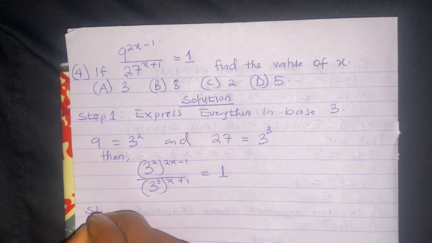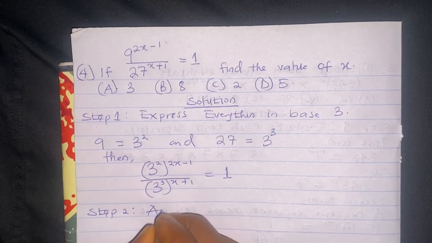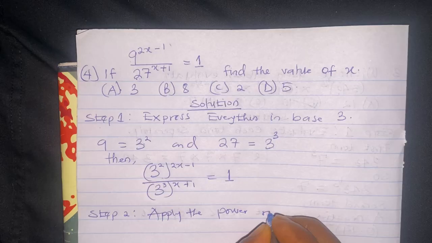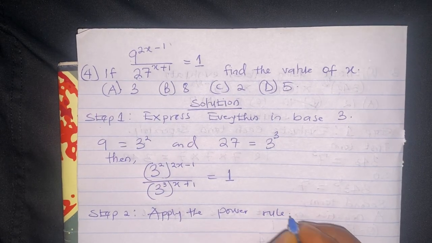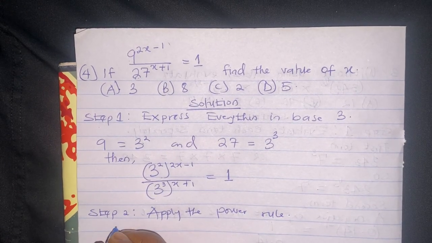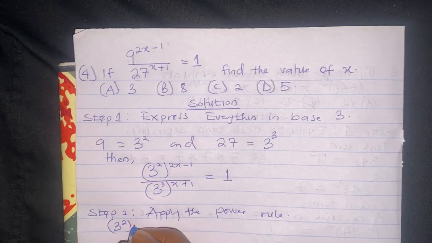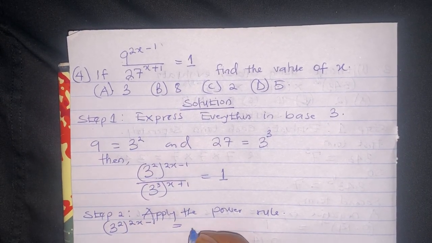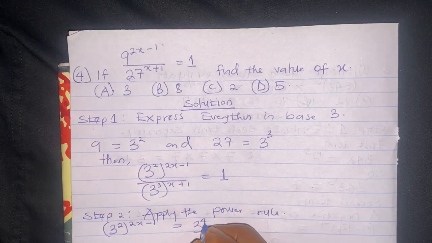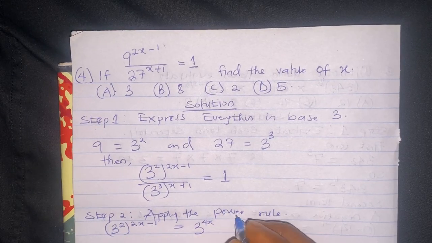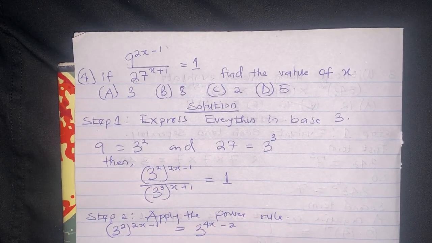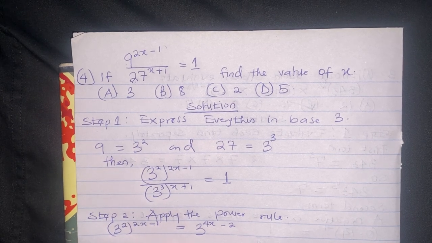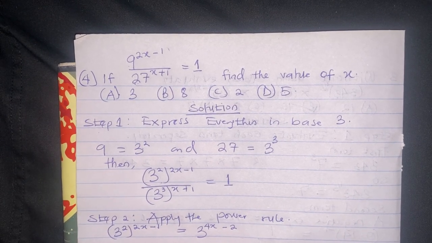Now we apply the power rule. That's the second step. We need to apply the power rule. If we do that, we have to multiply the powers both on the denominator and the numerator. For the numerator, if we multiply, we have 4x, that is 2 times 2x will give us 4x, minus 1 times 2 will give us minus 2.